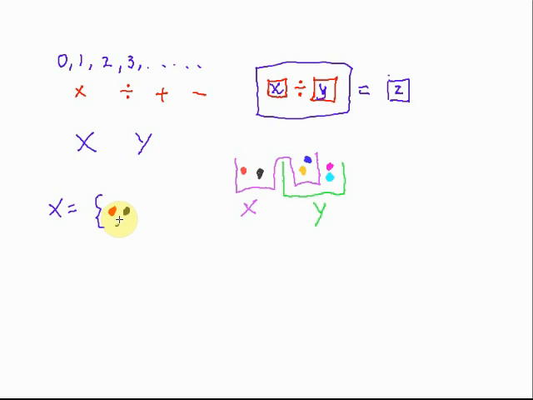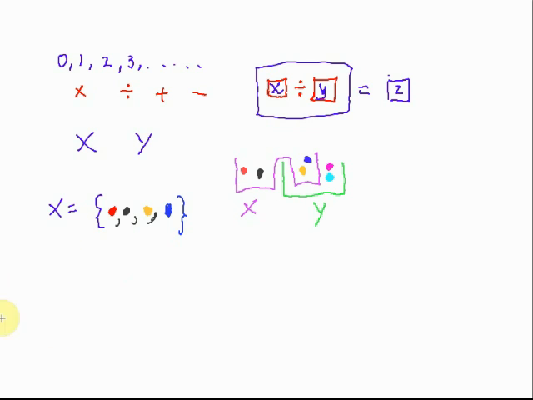And I'll separate these with commas, the yellowish ball, and the blue ball. So those are all the balls that are in X. Sorry, that's supposed to be a comma separating those two. Right, so we have these four things, 1, 2, 3, 4, and they are in X. So that's what set X happens to be.